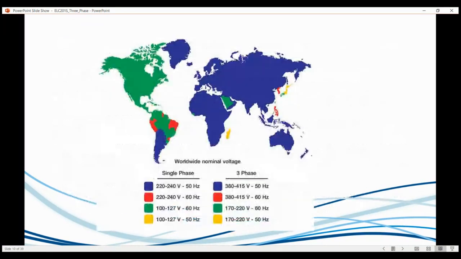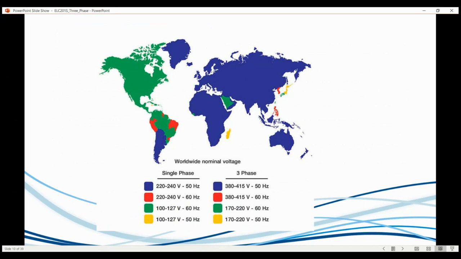So I found this actually quite cool. I was thinking of how I can show you different supplies, and I literally put up a whole page with different frequencies. But what we typically have for single phase is around 220 to 240. I think that originates from Europe. And then our three-phase voltages will range from 380 to 415 at 50 hertz.